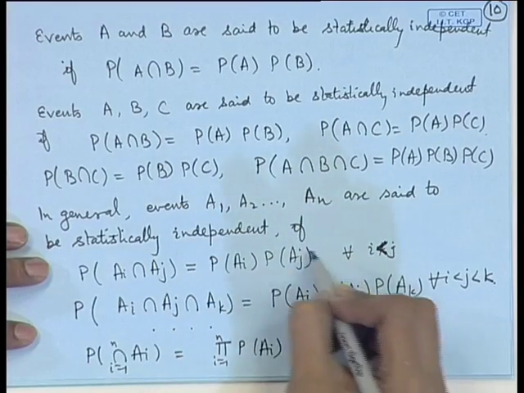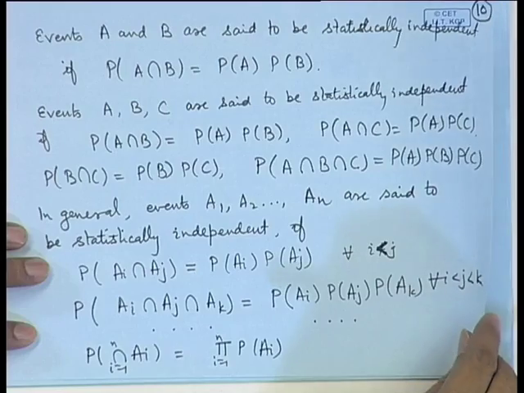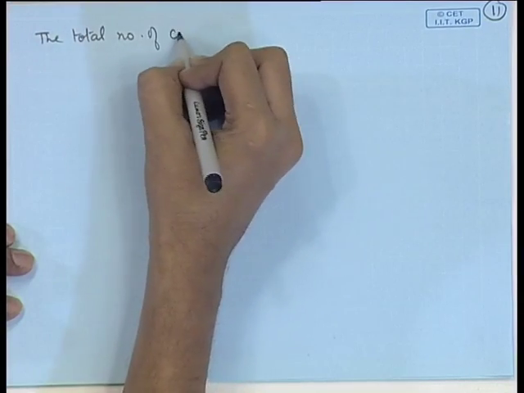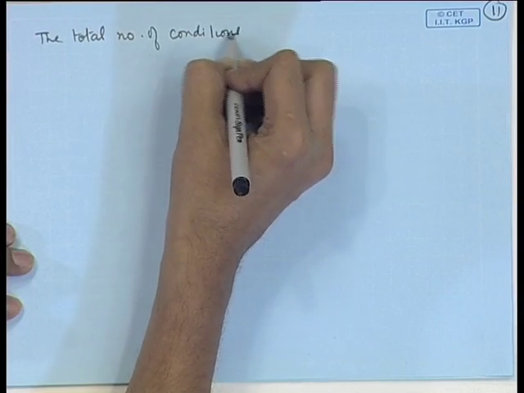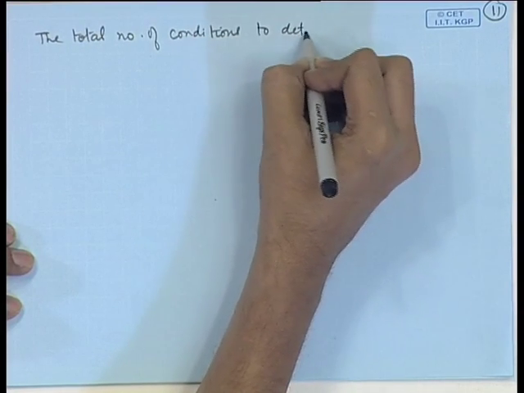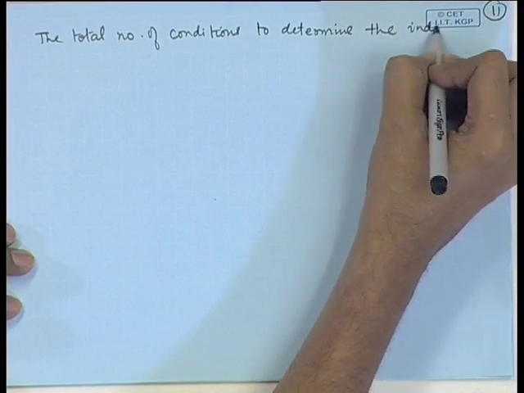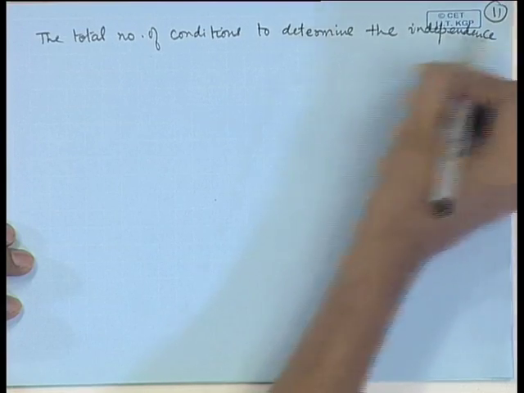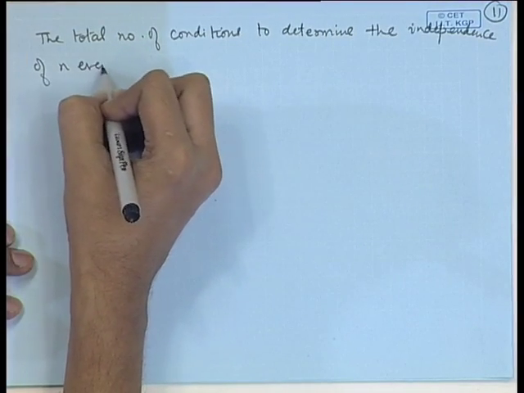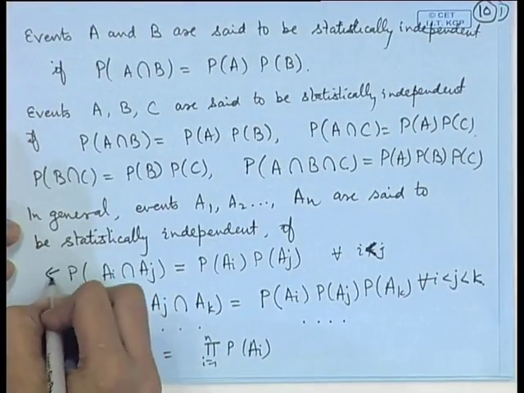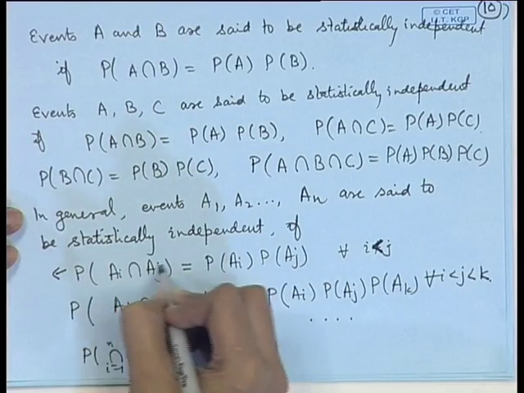The number of conditions, you can see this is n c 2. So, how many total number of conditions are there to determine the independence of n events? Here we have n events and we are taking 2 at a time.